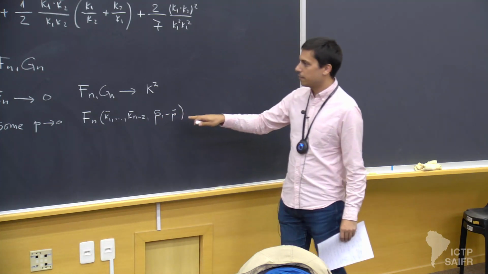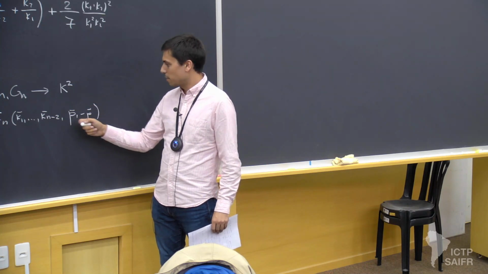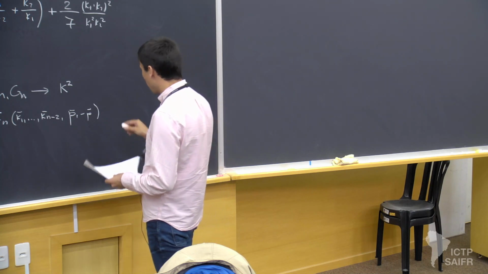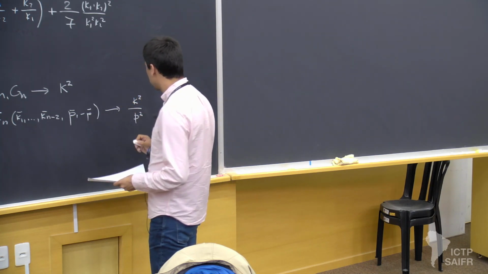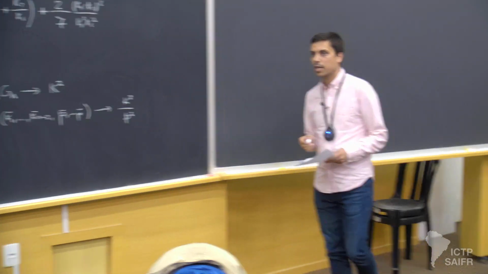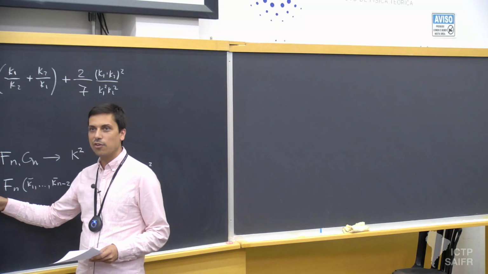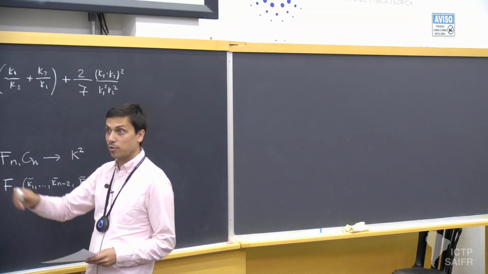If I'm fixing the sum, the only way to send one of the momenta to infinity is to have this kind of situation. This goes like k squared over p squared. So the kernels decay when you send any of the momenta inside to infinity, keeping the external momentum fixed.